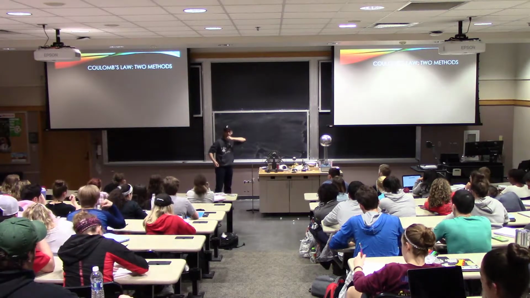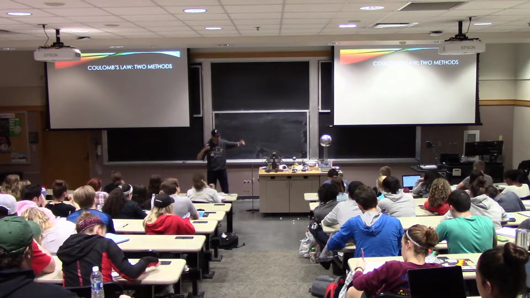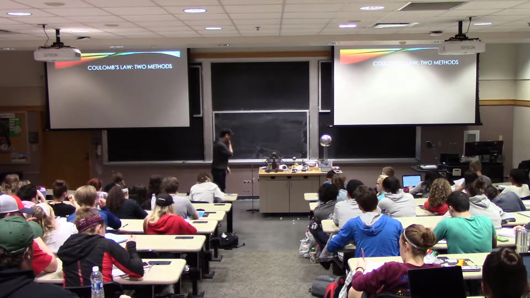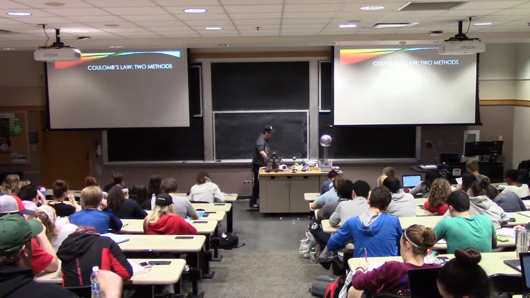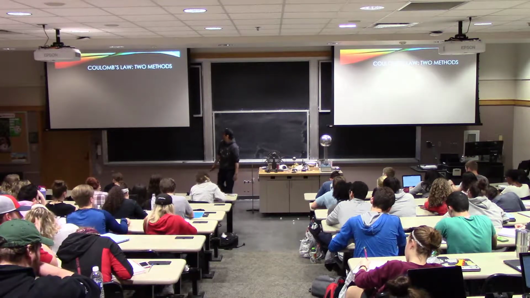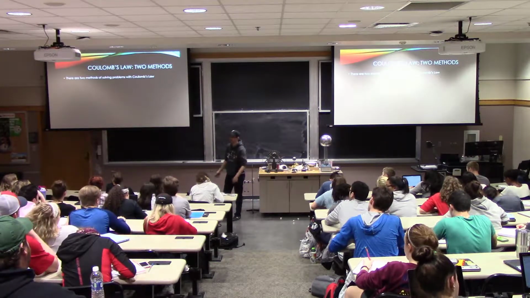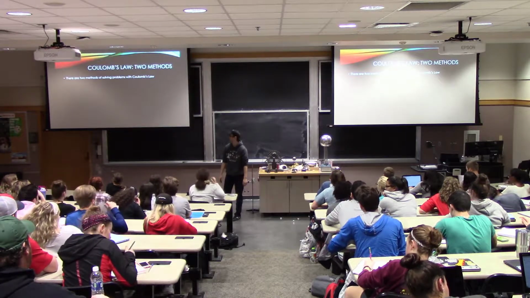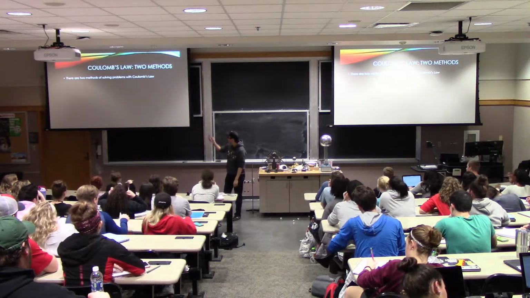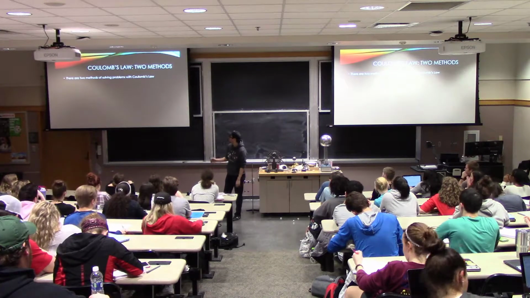I'm going to go through both ways so that you can see them. I'll talk about these two methods of doing calculations with Coulomb's law, what the difference is between them, and how you can use either one. Ultimately, you can use either one because they are equivalent. As I said, there are two methods to solving problems with Coulomb's law.